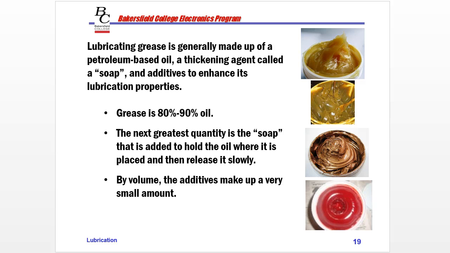And here you can see 4 different types, maybe 3. This looks very similar to this picture, different types and different colors. So what makes the grease different is the type of soap that's being used to thicken it. And we'll look at that on the next few slides.